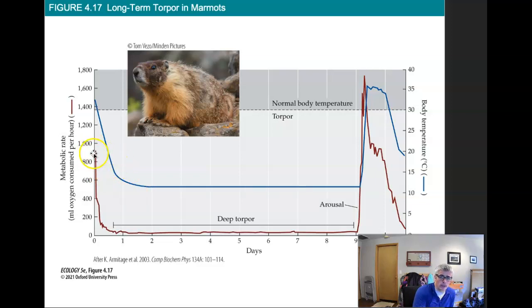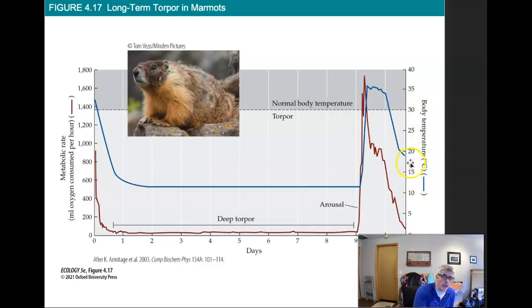If we start here as the animal is entering torpor, it's consuming a fair amount of oxygen, and it's dropping down to very little oxygen use. And then when it awakes or arouses, that amount of oxygen shoots up and then comes back down, but it requires a kind of activation energy.